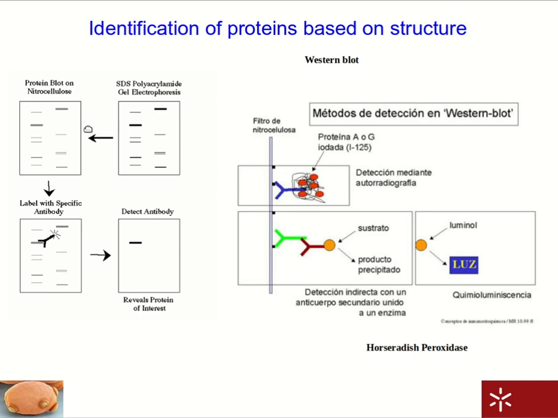We use electricity to blot the proteins over onto a membrane, and here we can detect these proteins on the membrane with an antibody. This antibody is usually detected with a second antibody, which is labeled with an enzyme that has an easily detectable reaction or even emission of light.